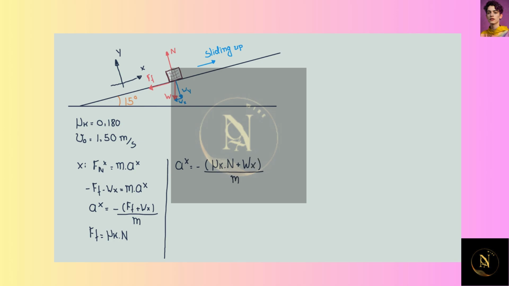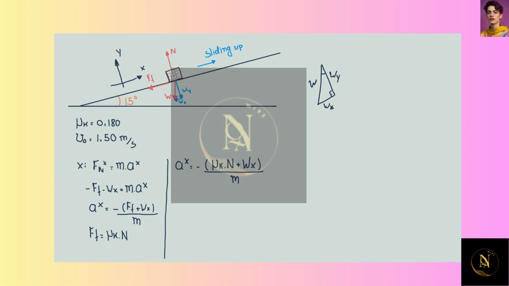Now we have to calculate the x component of the weight force. For that, we can use this triangle. So this triangle is like this. This is the hypotenuse, we have one side, we have the other side, and here we have the 90-degree angle. The hypotenuse is the magnitude of the weight force. This is the y component and this is the x component.